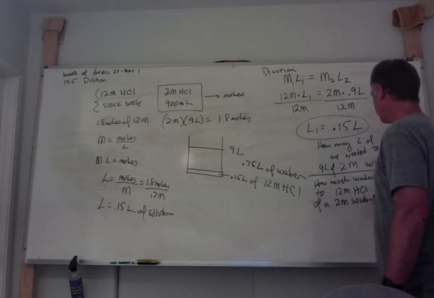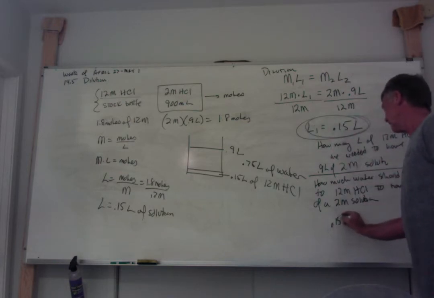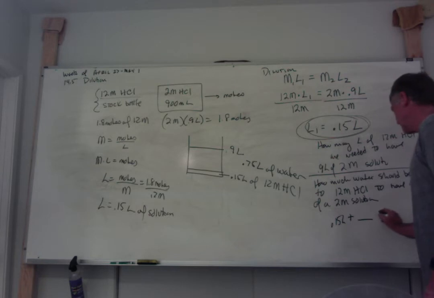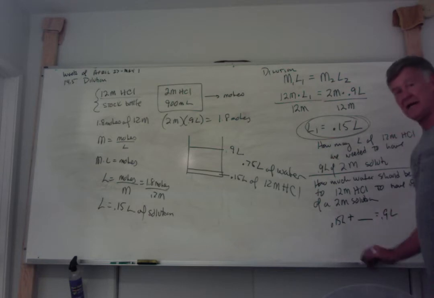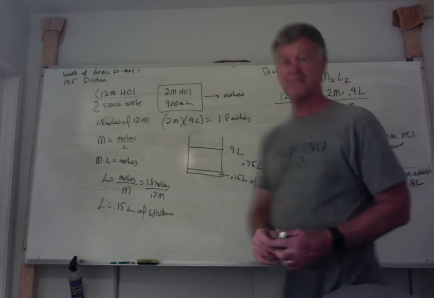Well, in order to do that problem, I do have to figure this out, and I have to say, well, it's 0.15 liters plus whatever to get to 0.9 liters, and that would be 0.75.